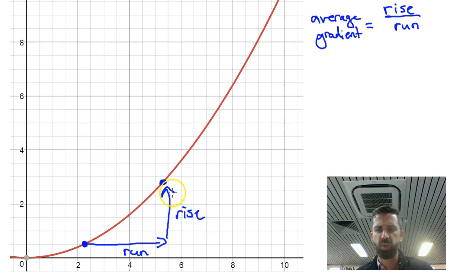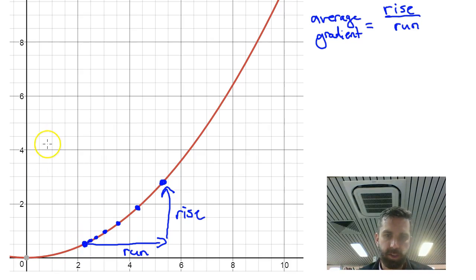And then we looked at this and we said, well, let's say we got these points closer and closer together, and kept measuring that average gradient, eventually, if we got really close together, we would have quite an accurate estimate of the gradient at a single point.